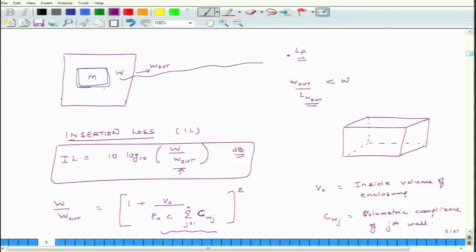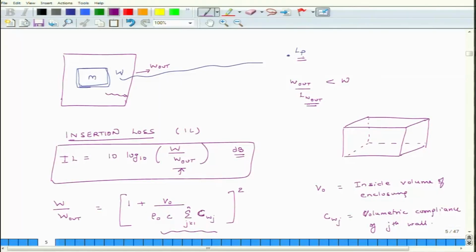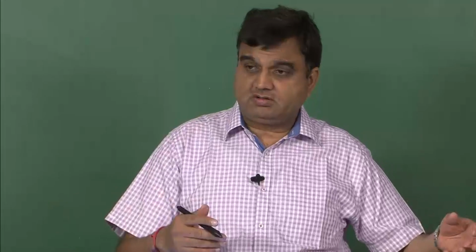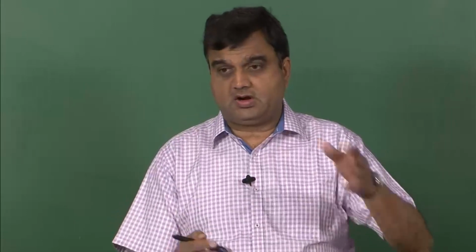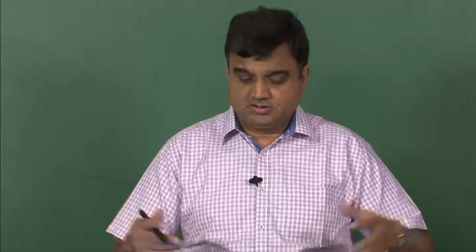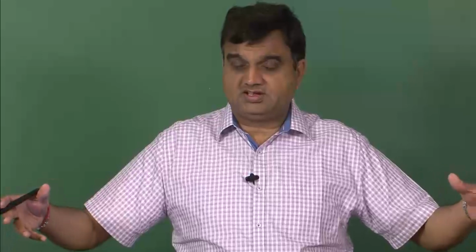Now, if you have an enclosure which is extremely compliant, which means it is very easy to expand or compress, what will happen? When the sound waves come and hit, the enclosure will expand very easily, and when there is compression, because a sound wave is all positive and negative, it will easily increase or reduce in size.